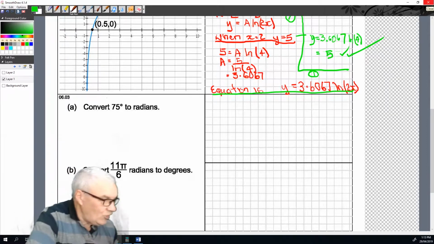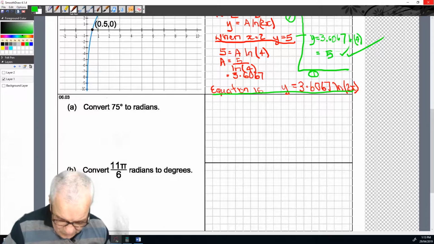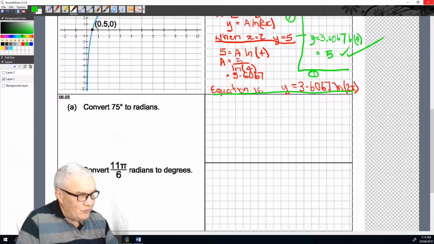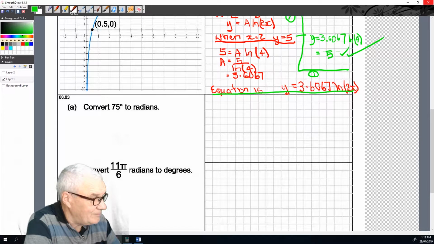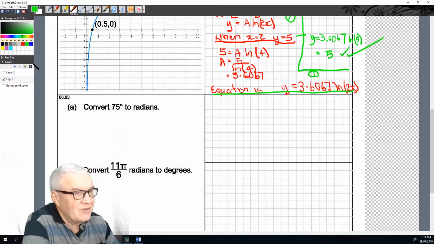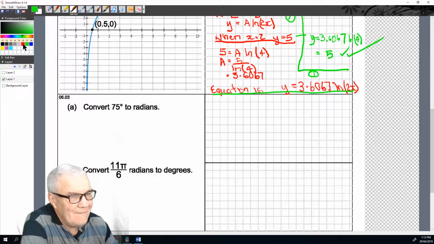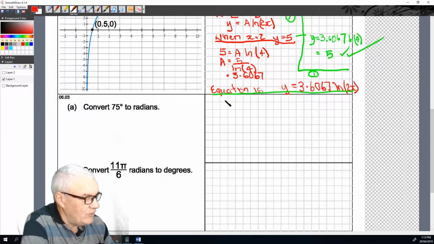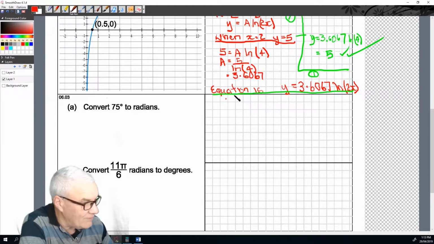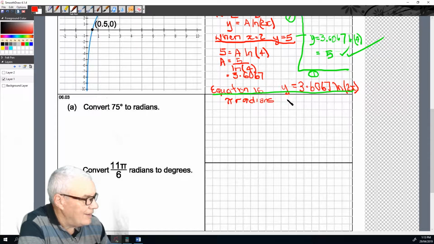Right, so let's move on to question 3. Convert 75 degrees to radians. Now, right, let's get our red pen. Okay, so what we do here is on your formula sheets, you've got a little thing that says pi radians equals 180 degrees.